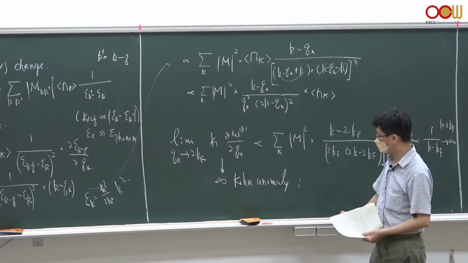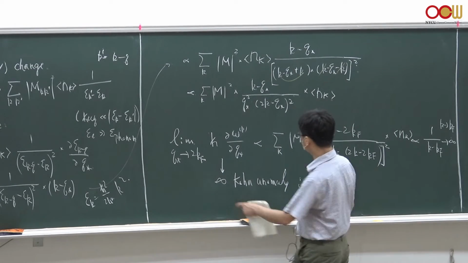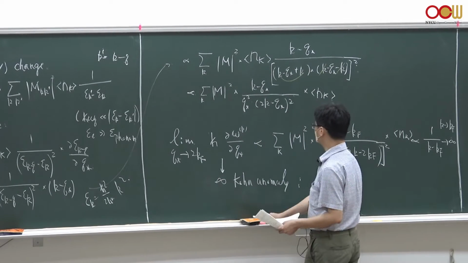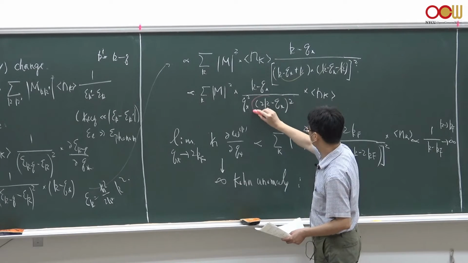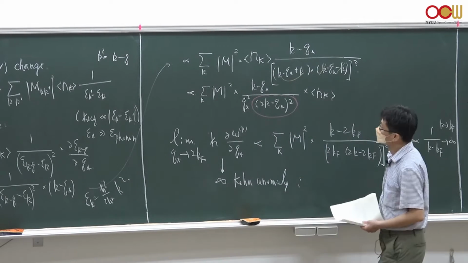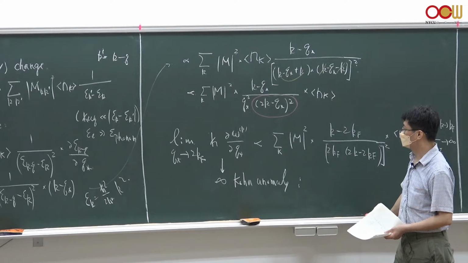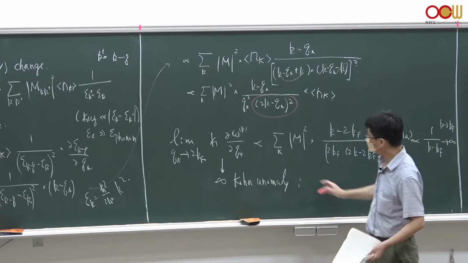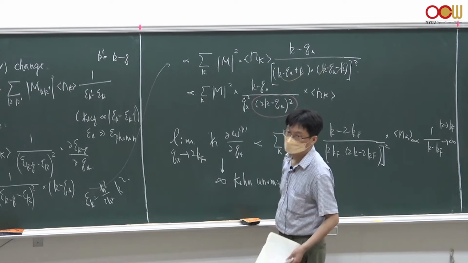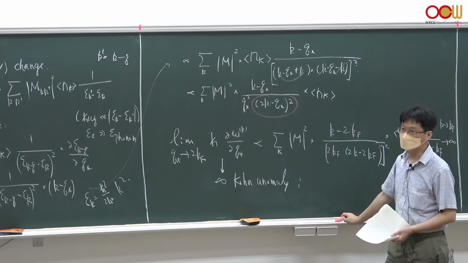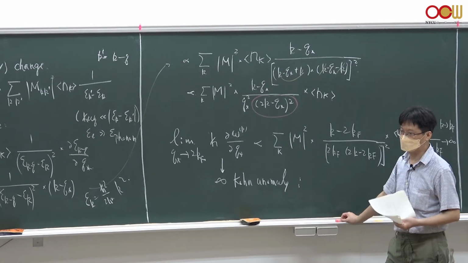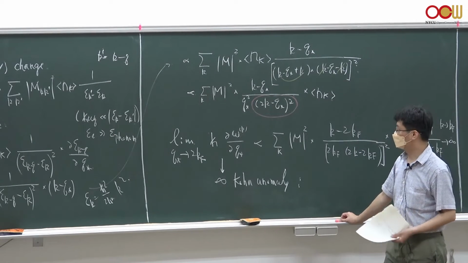of q star. Okay, in particular, you can see very clearly that there is a possibility that this derivative diverges, which means that when q star is very close to 2k_F, because most of the active electrons are close to the Fermi surface.